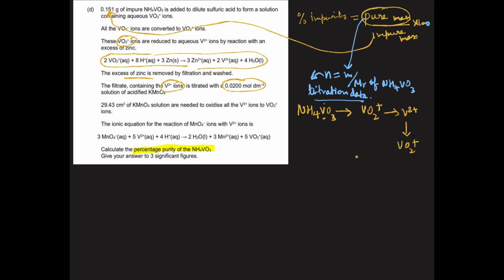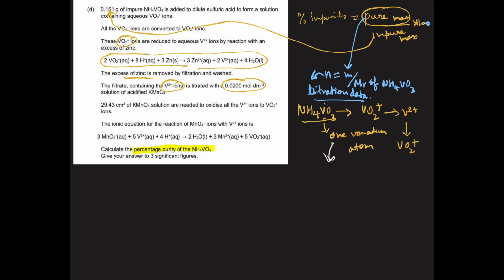So the vanadium changes form, but the important point is NH₄VO₃ contains one vanadium atom. That means, what does that mean? Eventually, whatever is the mole of vanadium 2 plus found by titration, I'm going to write it here clearly so that you can understand.